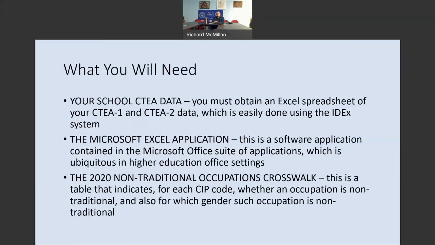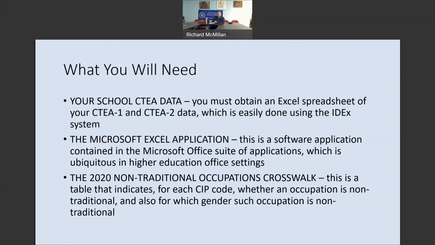What you will need: your school CTEA data. You must obtain an Excel spreadsheet of your CTEA 1, and if you host a CTEA 2 program, also your CTEA 2 data, which is easily done using the IDEX system, or you should have a copy in your file from your last upload in September.